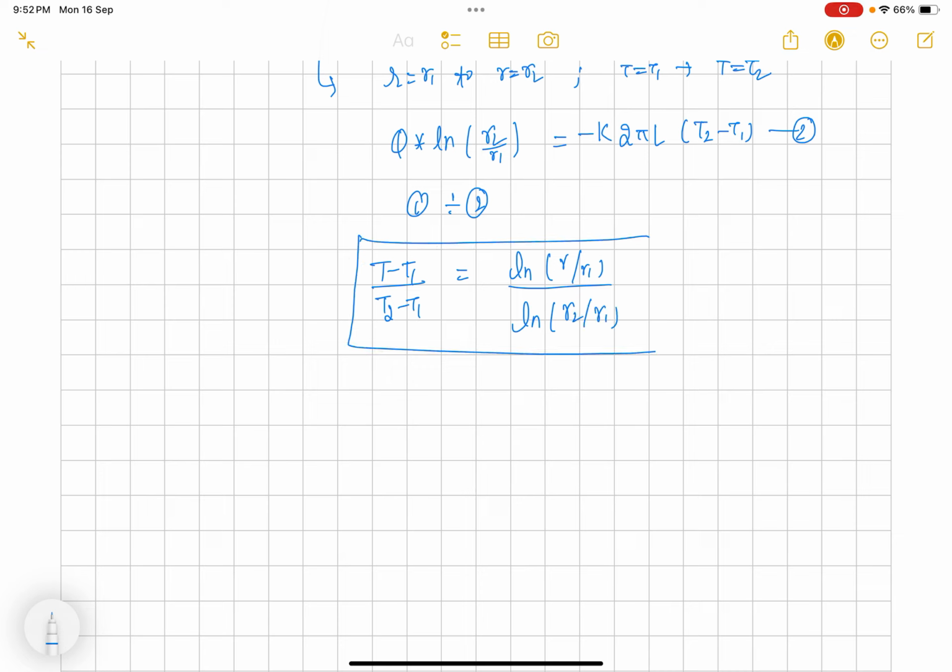So the temperature distribution inside the hollow cylinder material is a logarithmic variation.